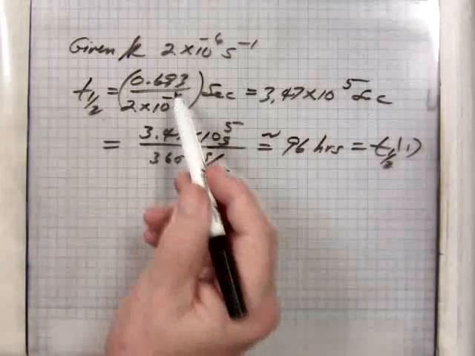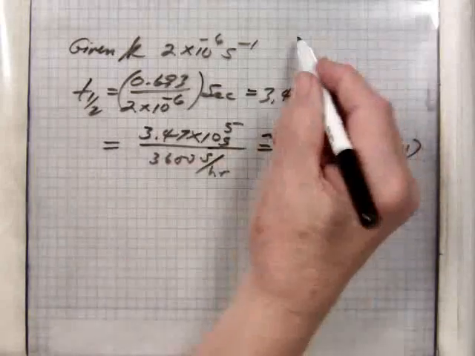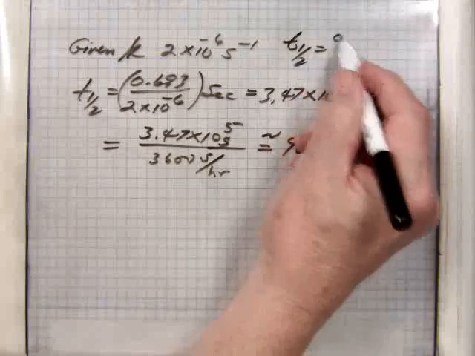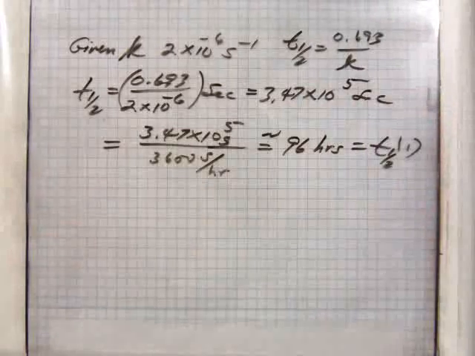So you can see how we used the basic half-life equation, t to the 1/2 equals 0.693 over k. We got that.